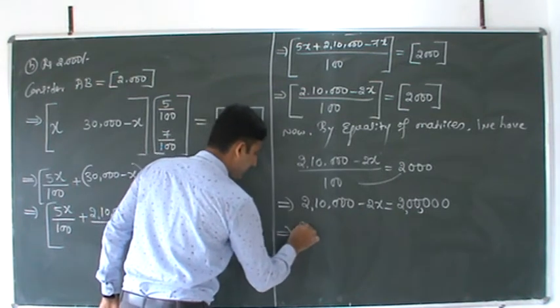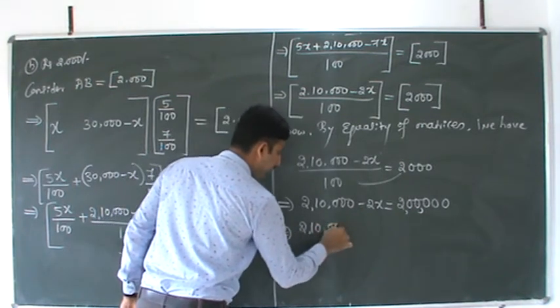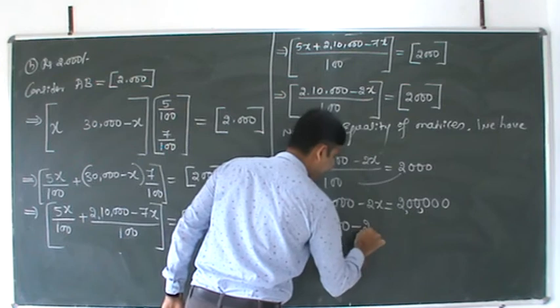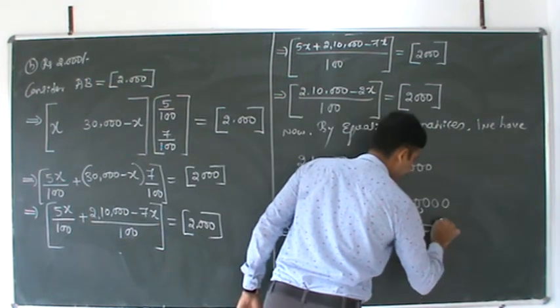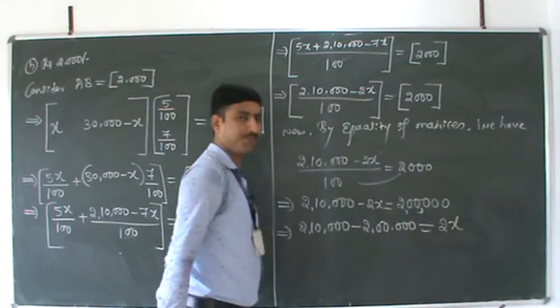Now, which implies 2,10,000, you must subtract with 2 lakh, which is nothing but our 2x.